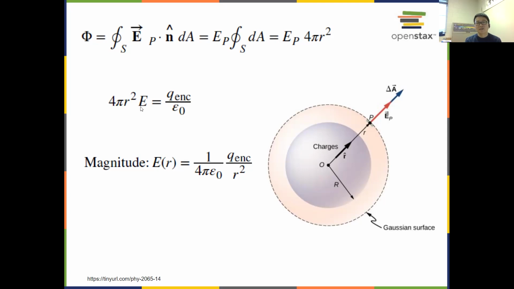Then you can calculate E by dividing both sides of the equation by 4 pi r square. That gives you the electric field, which has a magnitude of 1 over 4 pi epsilon naught times Q enclosed divided by r square. If you can calculate the Q enclosed here, you can calculate the electric field at the Gaussian surface there.